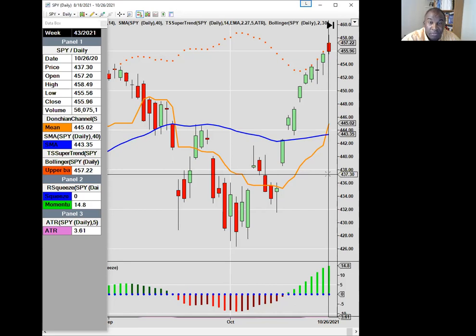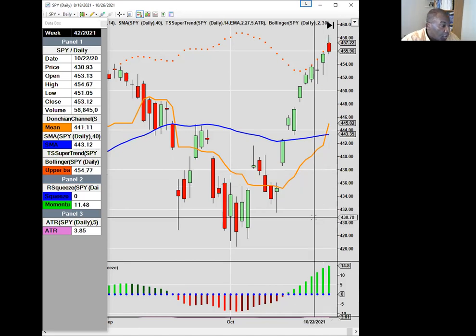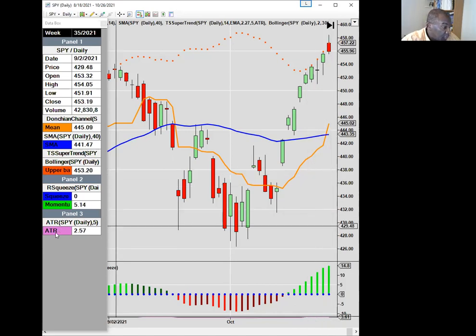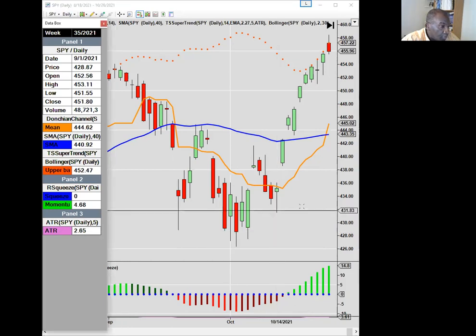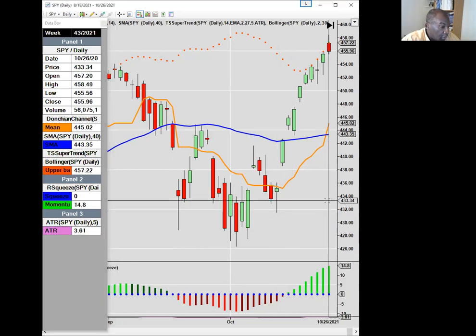That indicator exists on every single trading platform in existence, okay? So if we take a look at a data box that says ATR right here. On this day, the ATR is $3.61.